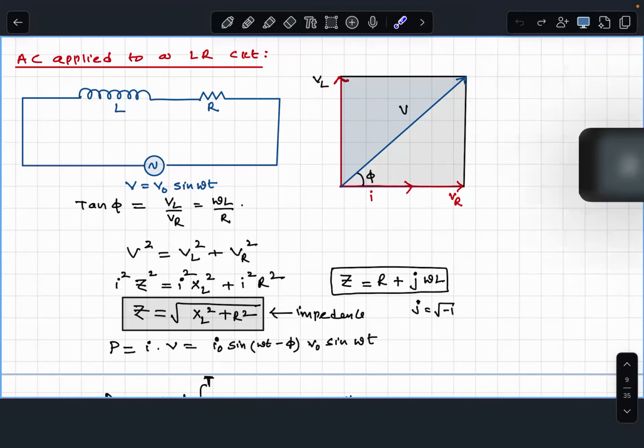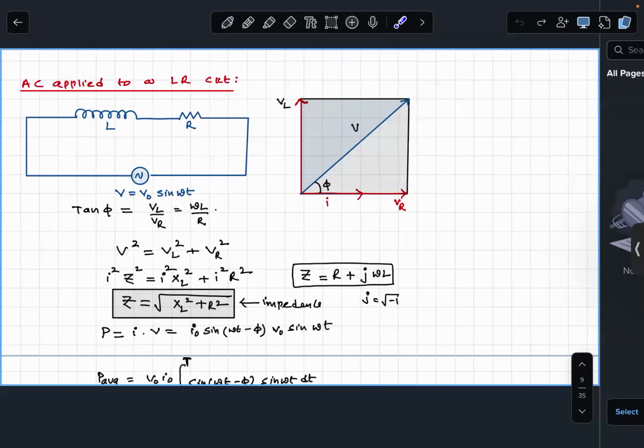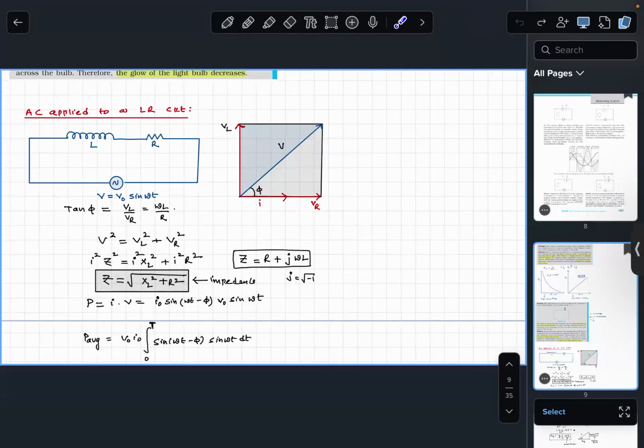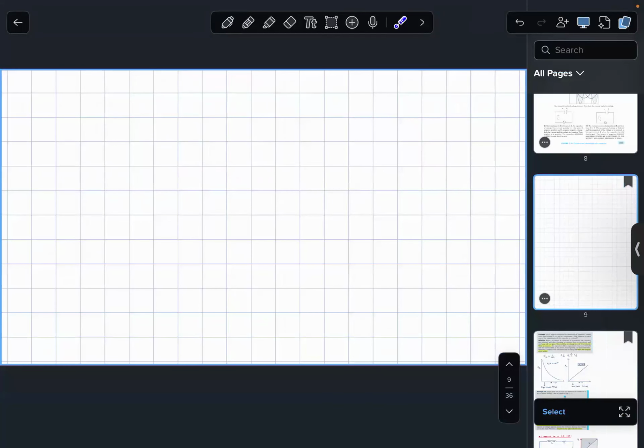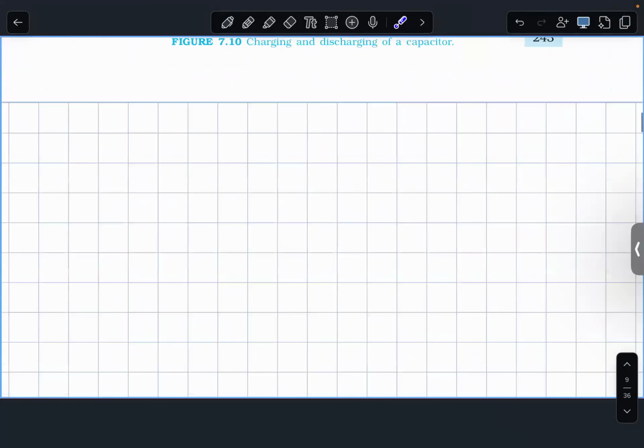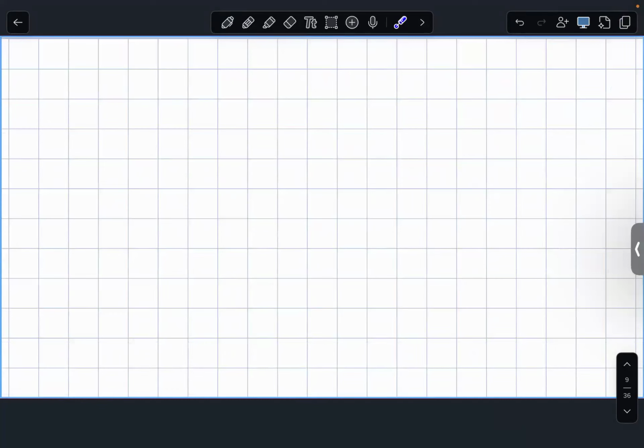Before I start this, I would like to add one more small theory. Anytime we have noticed either the current is leading the voltage or the voltage is leading the current. In fact, we have dealt only with pure R, pure L, pure C. But usually you will have combinations.